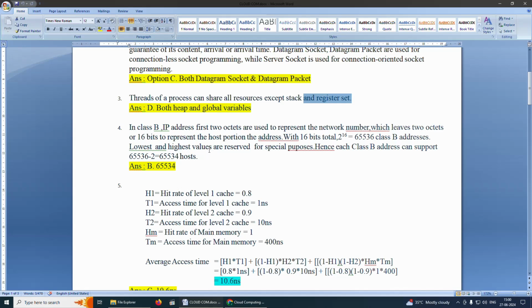Lowest and highest values are reserved for special purposes. Hence, each class B address can support 65,536 minus 2 is equal to 65,534 hosts. So the answer is option B, 65,534.